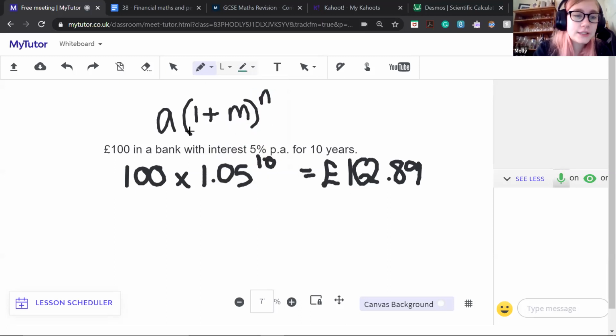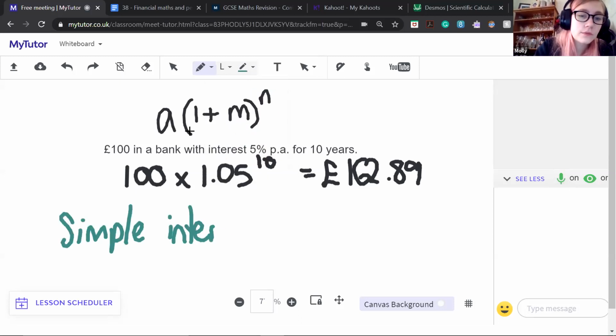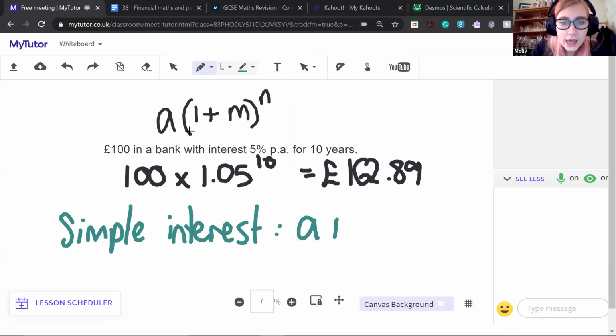So simple interest, the kind of formula that we use for it, is A plus n lots of AM, so the number of years.